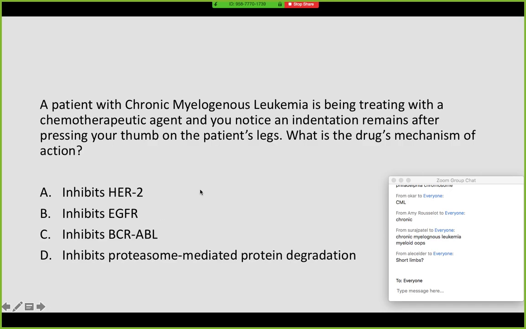Okay, so a patient with CML is being treated with a chemotherapeutic agent, and you notice that an indentation remains after pressing your thumb on the patient's legs. What is the drug's mechanism of action?